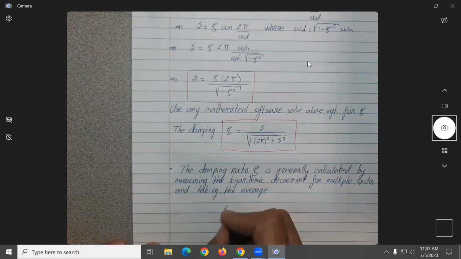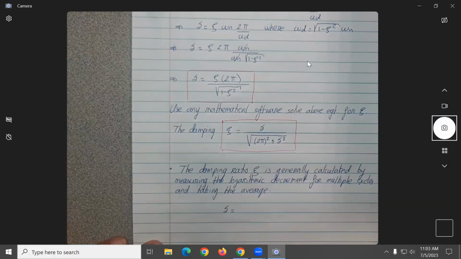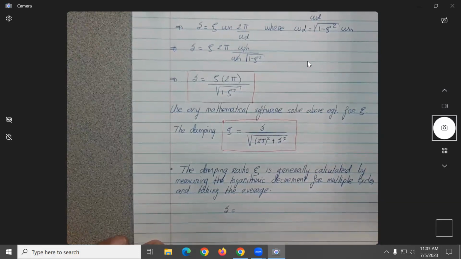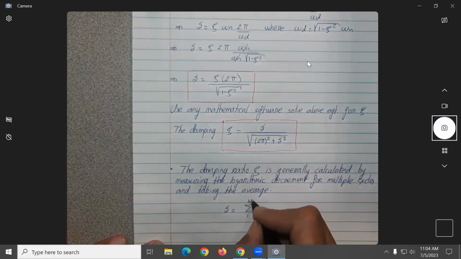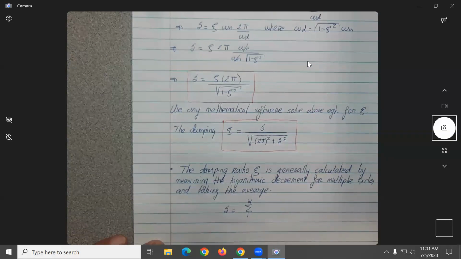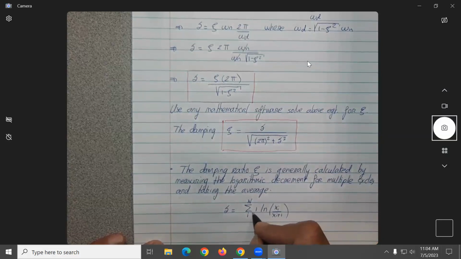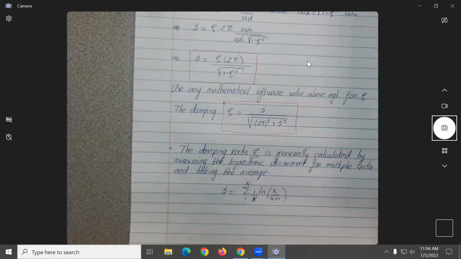So mathematically speaking, you can do the summation from 1 to n of the logarithmic decrement of x of i divided by x of i plus 1, and all this stuff divided by n, the number of cases that you do.